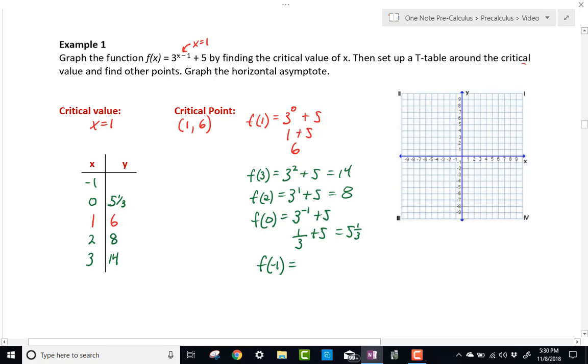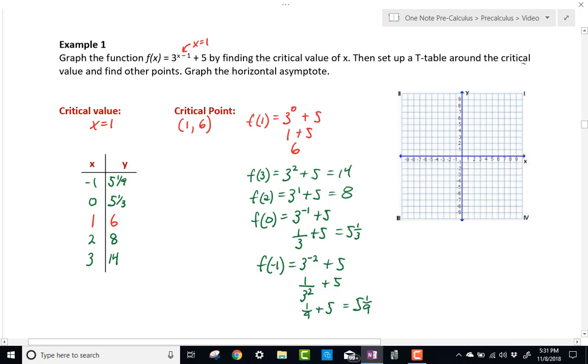This time we're plugging in -1 for x, so -1 minus 1 is going to be 3 to the negative second power plus 5. Again, I'm going to flip this over. I'm going to call this 1 over 3 to the second power plus 5. And that's 1/9 plus 5, which equals 5 1/9. Alright, so there we got it.